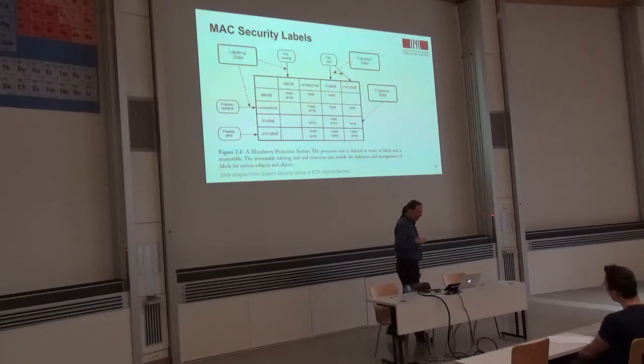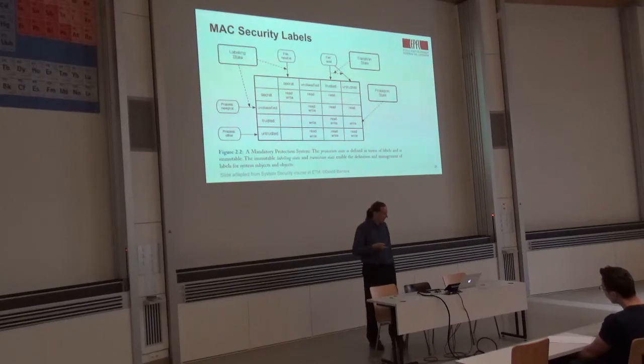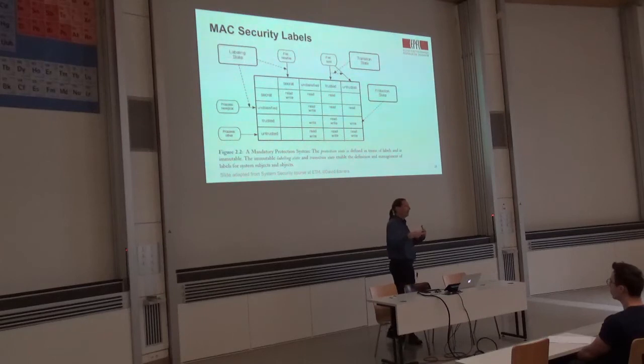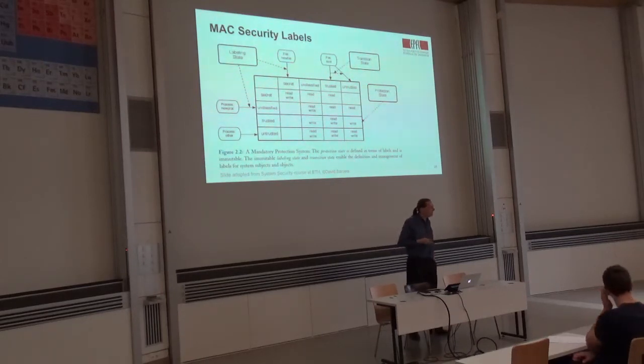So to handle that, we can attach both secrecy labels and integrity labels. And the integrity labels have the opposite rule, where you can't move information from an untrusted category to a trusted category, but you can move information from a trusted category to an untrusted category. Yeah?